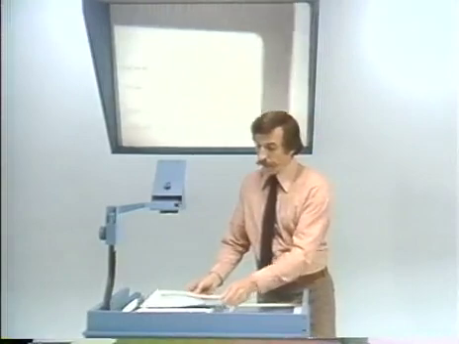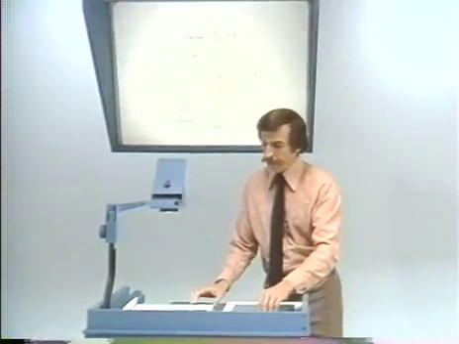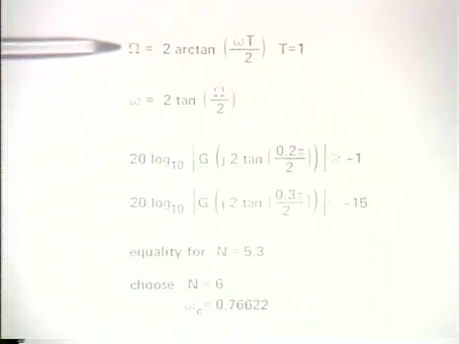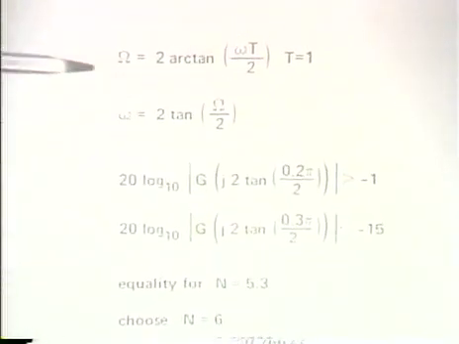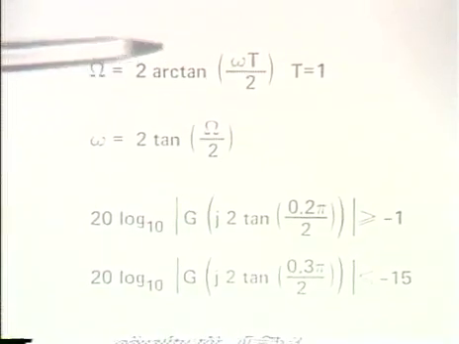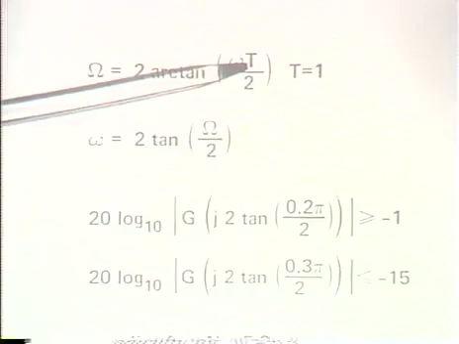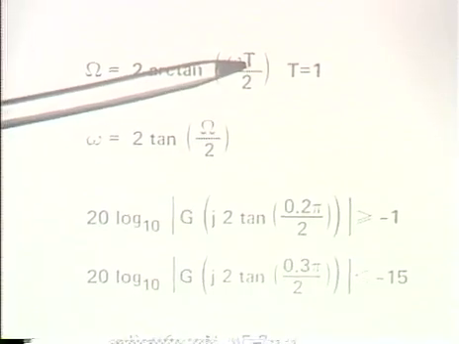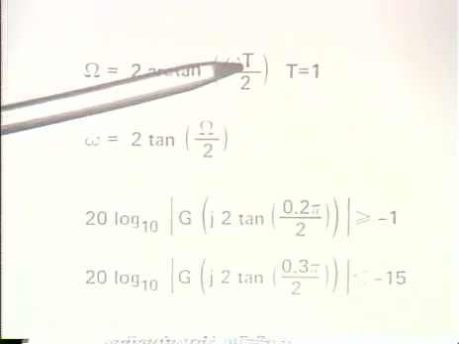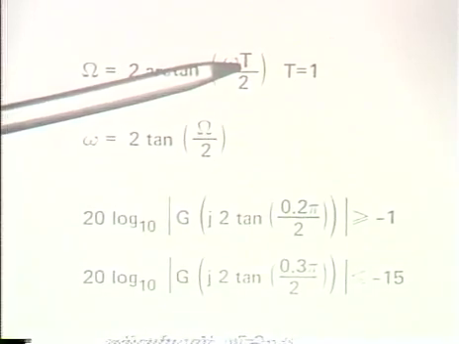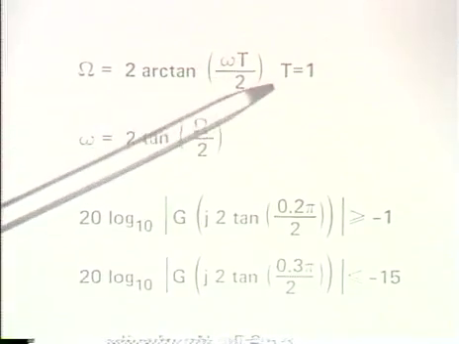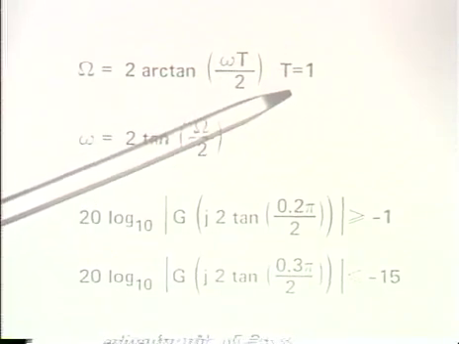Okay, well, so let's see what kind of specifications we have. We know that the critical frequencies are mapped through this curve or this equation. And I indicated again that this parameter capital T is arbitrary in the design procedure. That may seem confusing initially, but there's some further discussion of it in the book, and it's true and important to sort out. So we're going to pick capital T equal to unity.